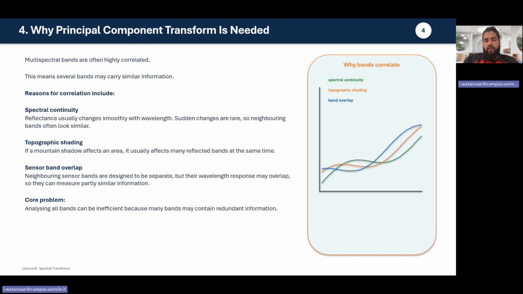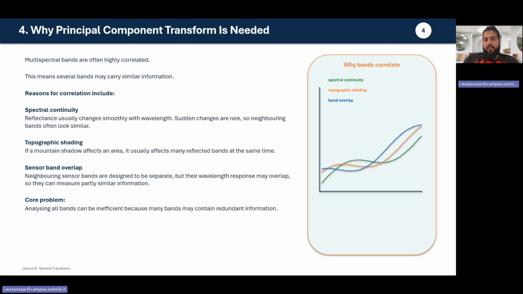Neighboring sensors could mean different acquisitions, or another satellite capturing maybe the same area, so there is a chance of overlap. If it is a single satellite with multiple bands, they are designed to be separate, but their wavelength responses may still overlap.